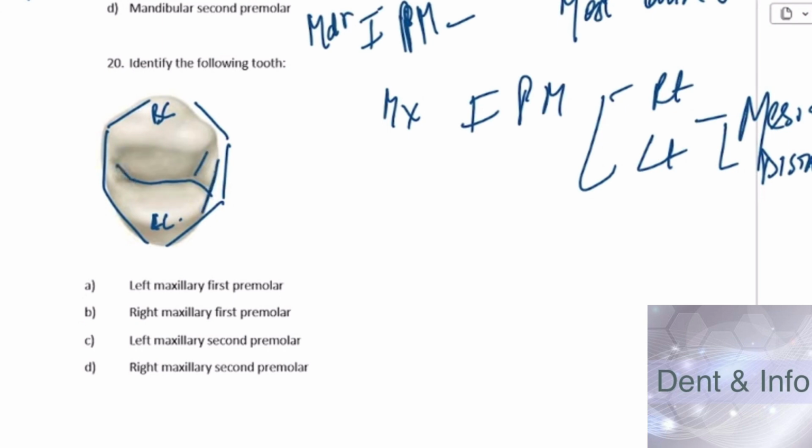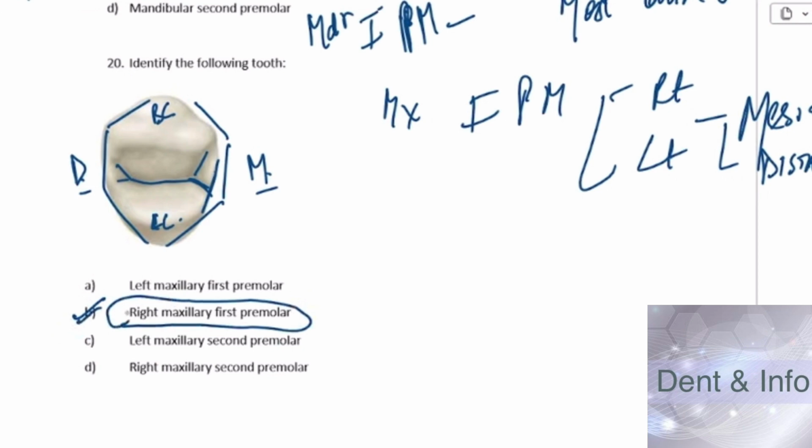So this is the mesial side, this is the distal side. Once you have ascertained which is mesial and which is distal, imagine putting this tooth into your oral cavity and which side the mesial would fit into, and then identify whether it is right side or left side. So this is right side maxillary first premolar.